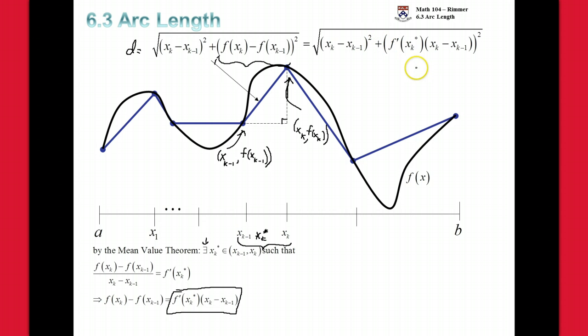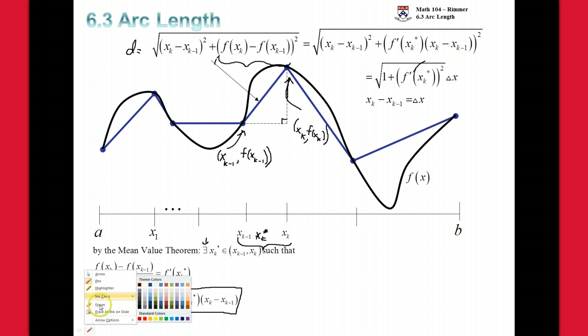Okay, now we're going to do some algebra with this. If we have a product, a times b, and it's squared, then we can square the a and square the b. We can distribute that, as long as it's multiplication. And so, we're going to call x sub k minus x sub k minus 1 delta x. And so here's what we're looking at.